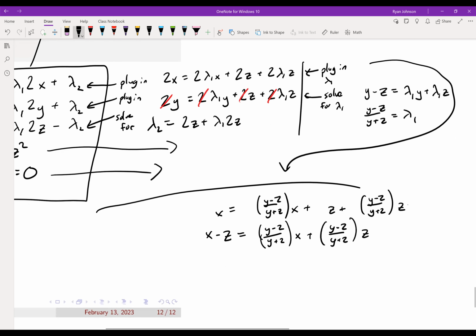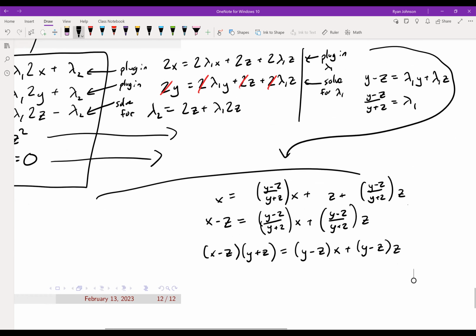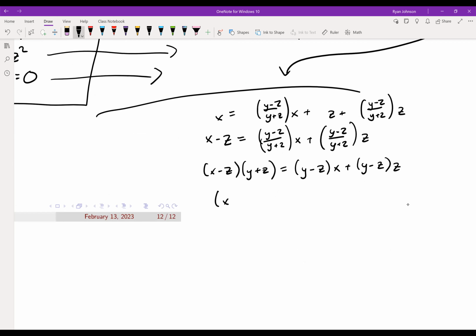If I multiply by y plus z, then I have x minus z times y plus z equals y minus z times x plus y minus z times z, which gives me x minus z times y plus z equals, they have the same factor there, so y minus z times x plus z. Okay.